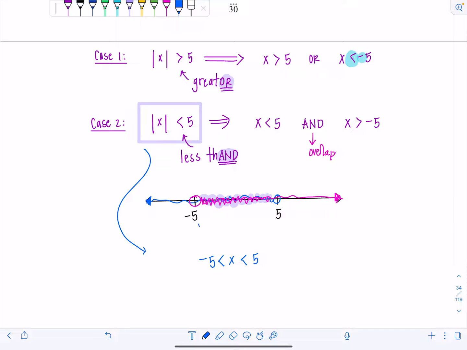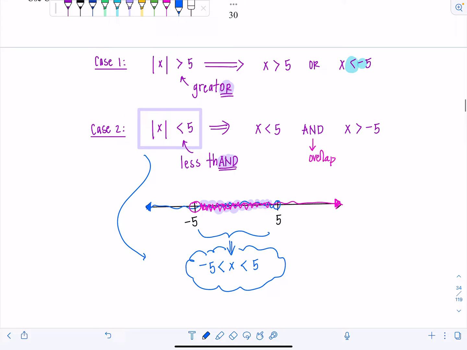And that matches the final solution after you figure out where the overlap, where the and, the intersection occurs. I call this the little sandwich compound inequality. So for case 2, when you have less than, you can just go straight to this if your teacher lets you. If you were in my class, I would let you, okay?